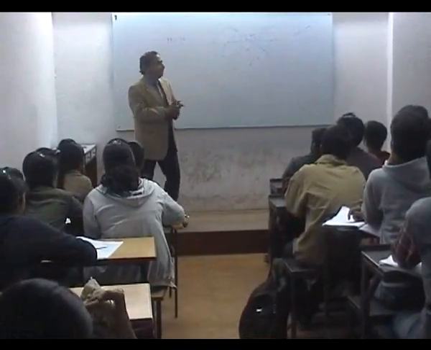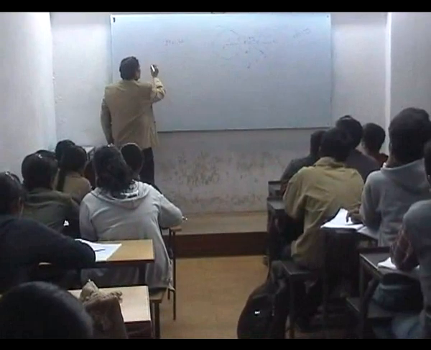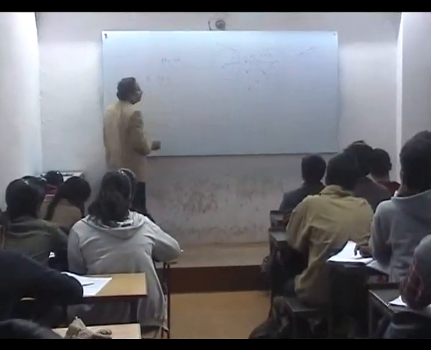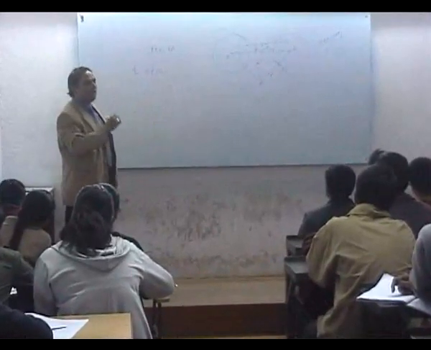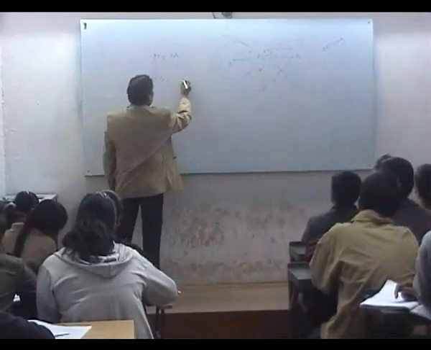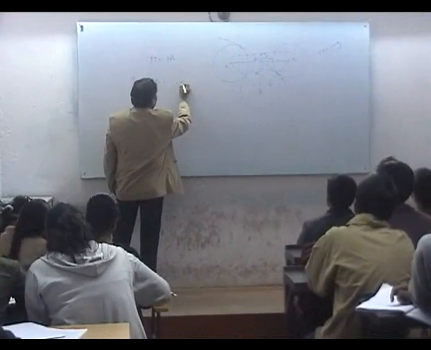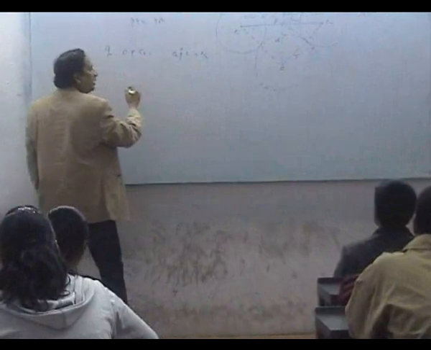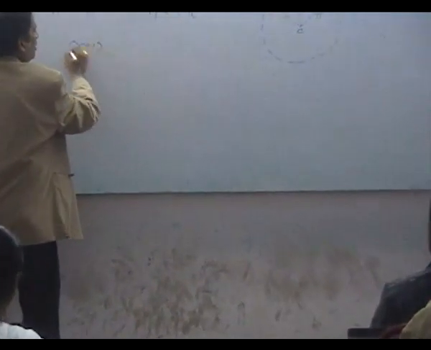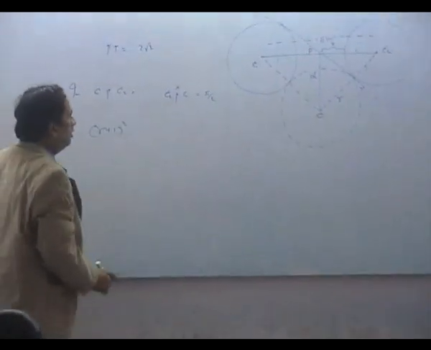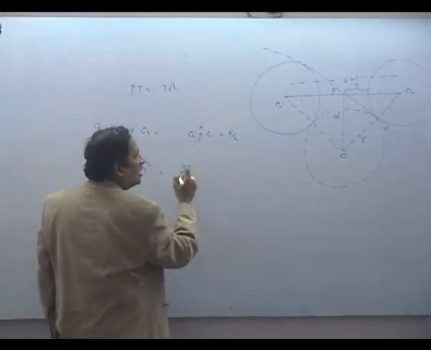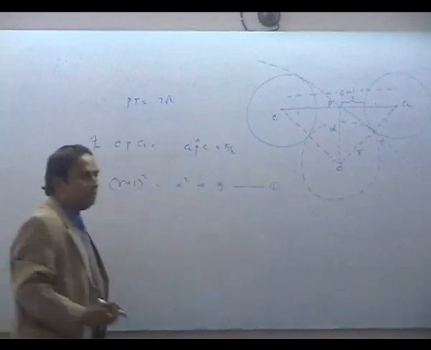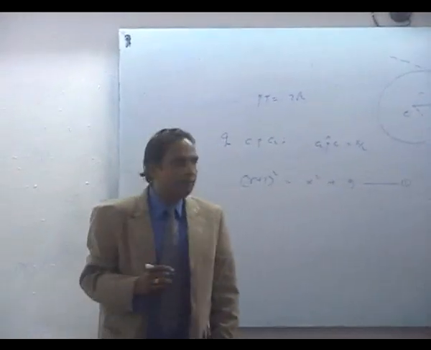Apply Pythagoras theorem: R plus 1 whole square is equal to alpha square plus 9. This is equation number 1. Is this okay?